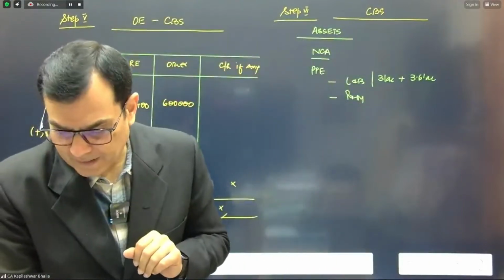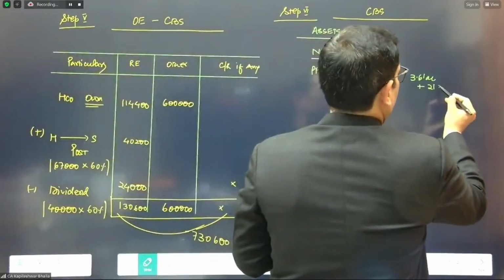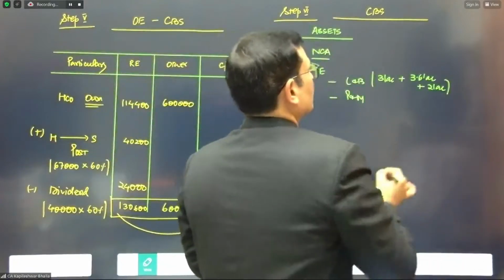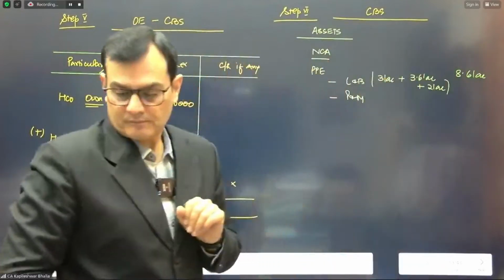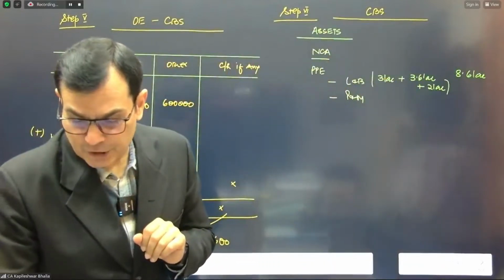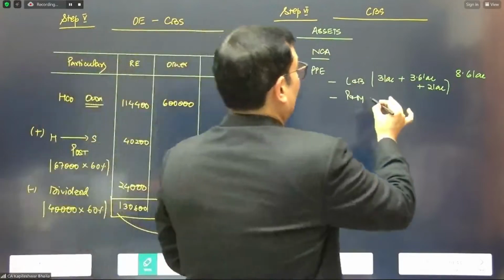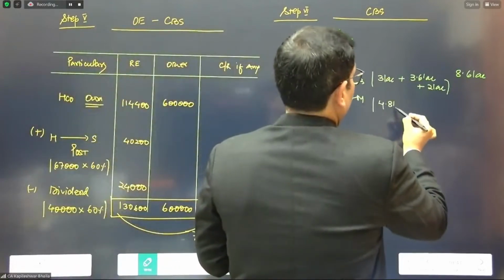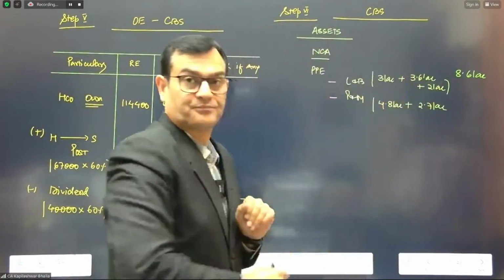So I think for land and building, it was an increase of 2 lakhs with no additional depreciation. So that works out at 8.6 lakhs. The next in the balance sheet is plant and machinery, and that is 4.8 lakhs for the parent, and it is 2.7 lakh for the subsidiary.